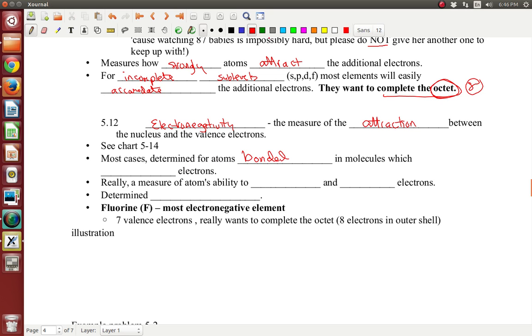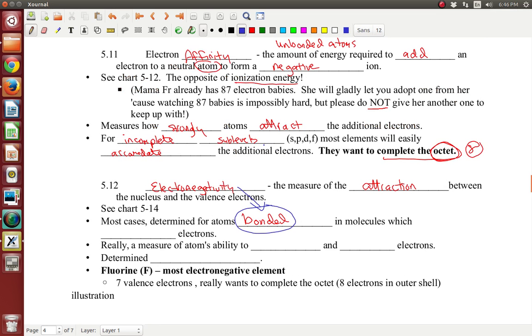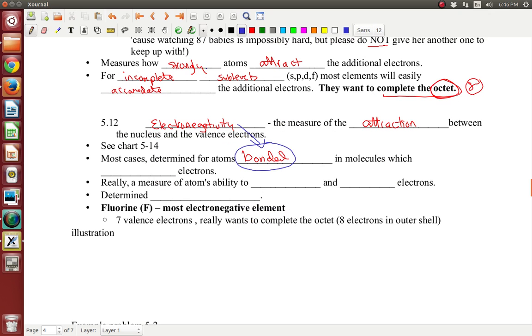So that's something that's different from affinity. Electronegativity deals with bonded atoms. Affinity deals with unbonded atoms. Okay? So in most cases determined for atoms bonded in molecules which share electrons. So we're talking about covalent molecules.